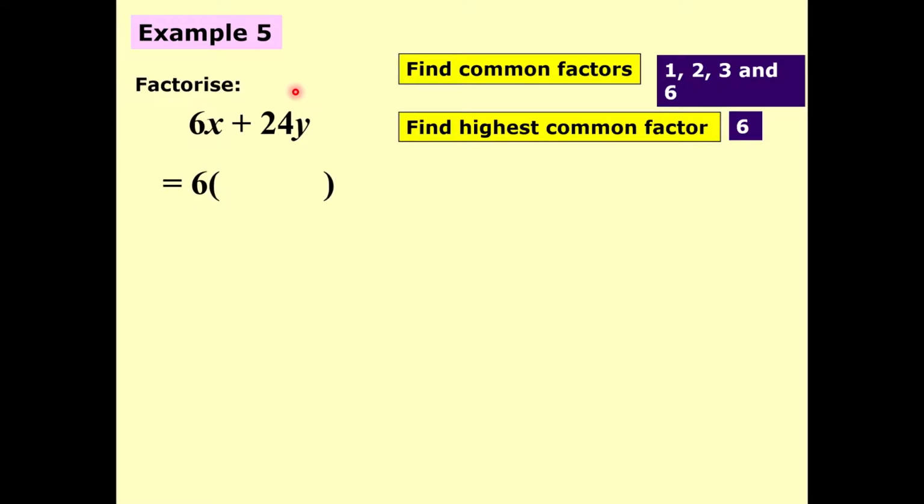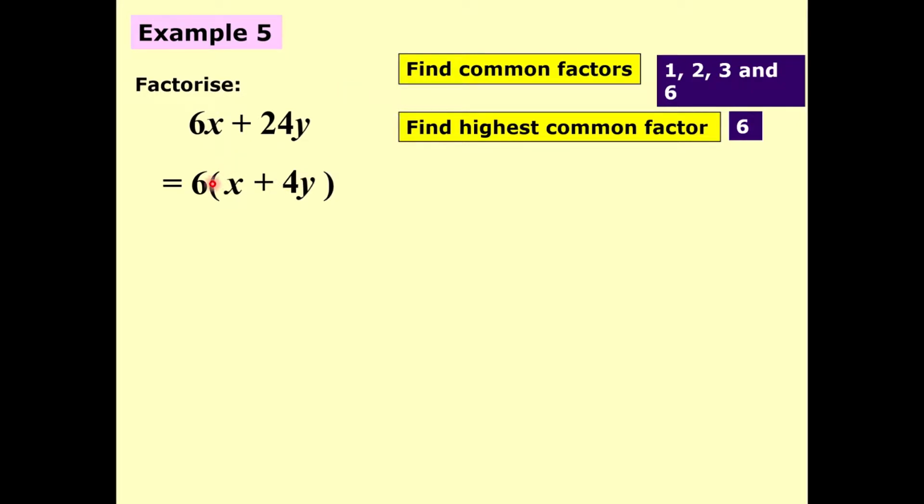So we're going to write it on the outside of our bracket, sorry, and then we're going to start by working out what goes inside our bracket. So 6 times what gives us 6x? We need to times it by x to get 6x. Now what do we need to times 6 by to get 24y? So 6 times something is going to give us 24y. Well, 6 times 4 gives us 24, and we have a y there as well.